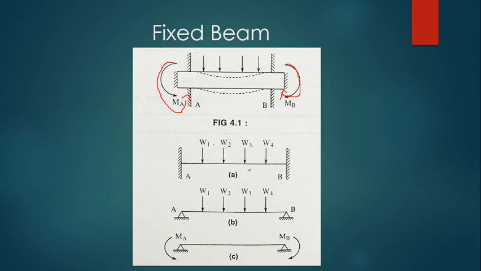Now this beam can be split into two parts: a simply supported beam of the same length and same loading, plus a simply supported beam of the same length applied with the fixed end moments MA and MB. When you add these two, it will be equal to the effect of the fixed beam. So that is the idea.